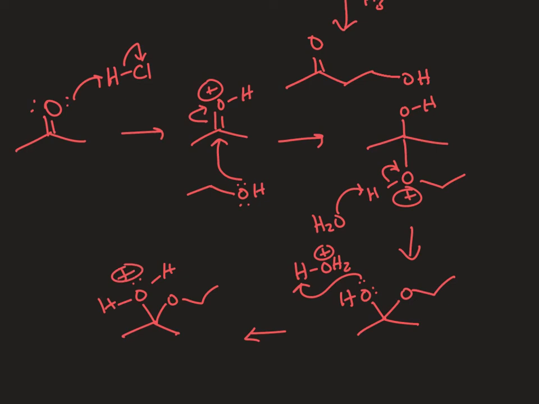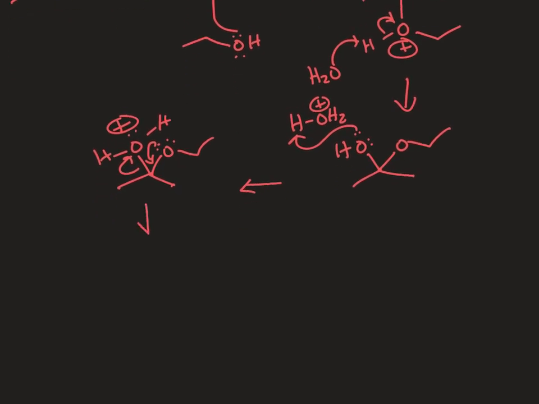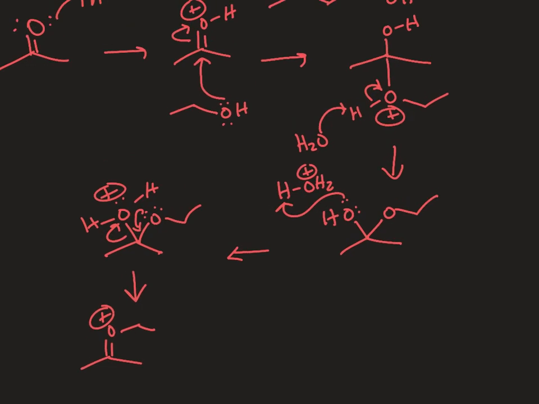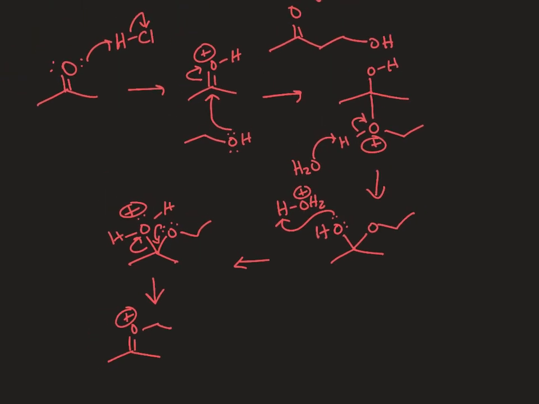Now I have a good leaving group, so what's going to happen is a lone pair from the ether is going to kick down and kick off the water. So this should look very familiar to what we had with our protonated starting material.